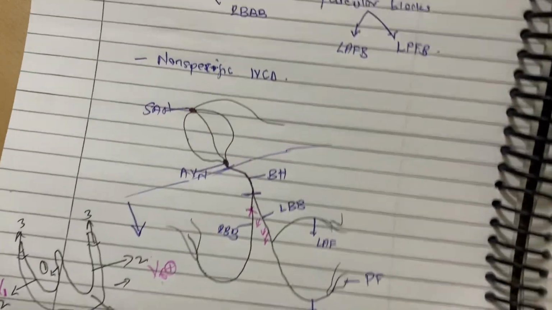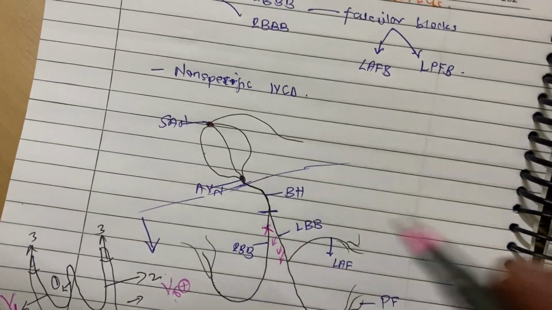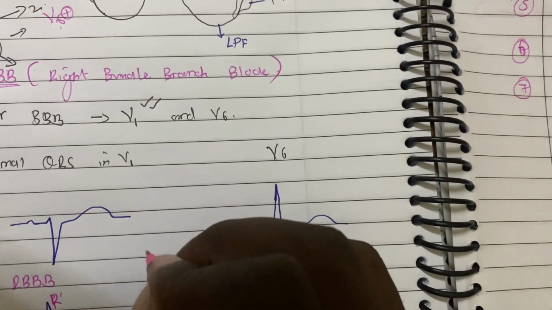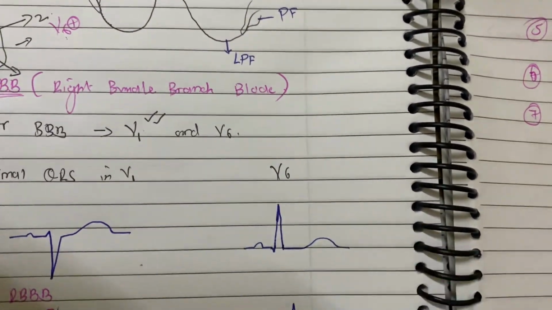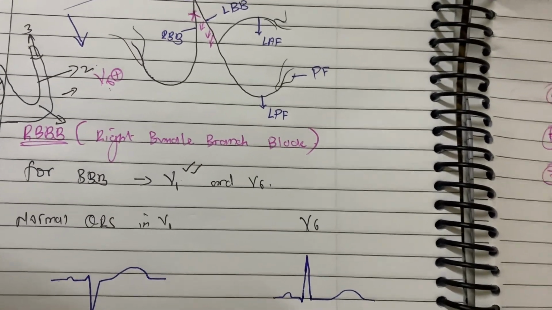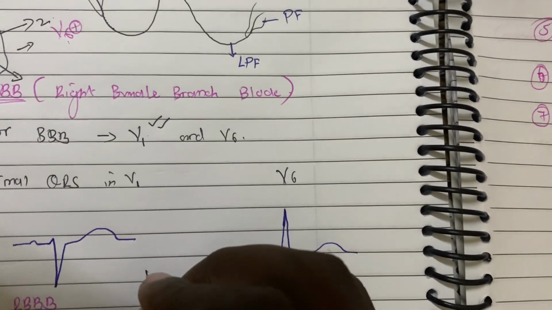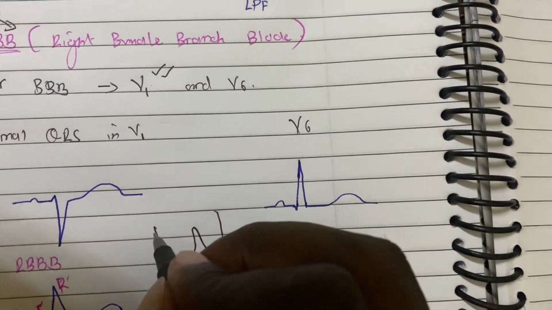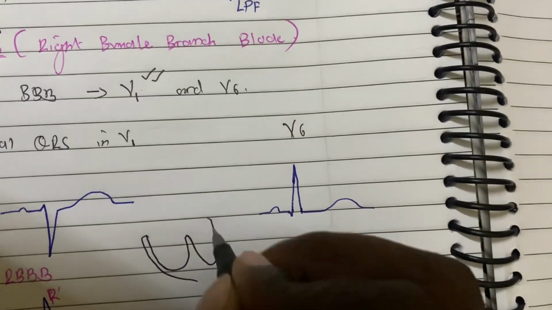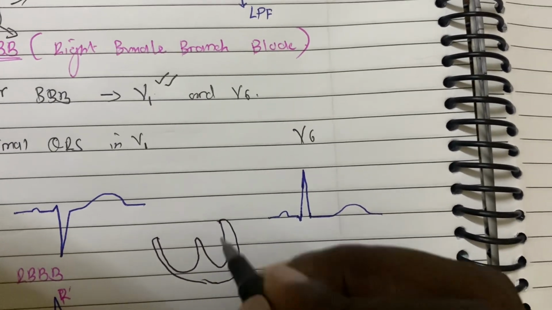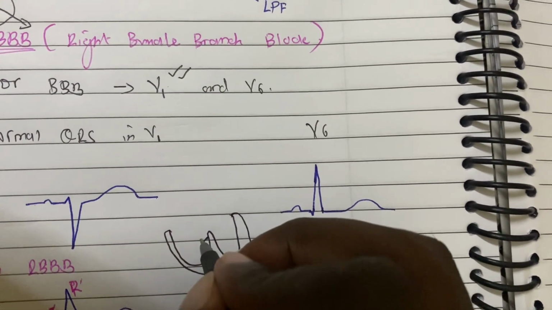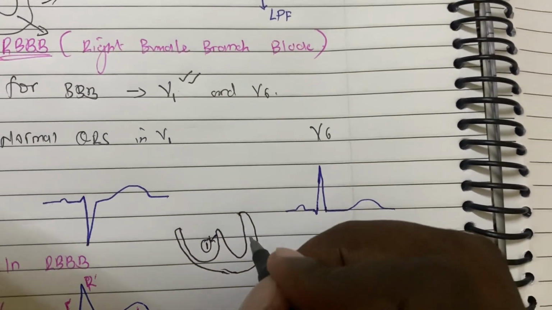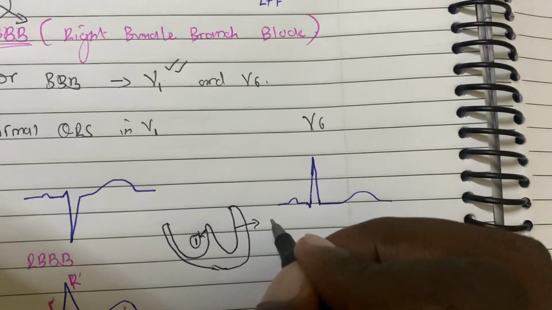What have we said? We said if this one is not working in RBBB, so I'm drawing a small myocardium here. This is what we expect. We expect septal depolarization to be number 1 as usual. But what will happen next? It will be this side as number 2.